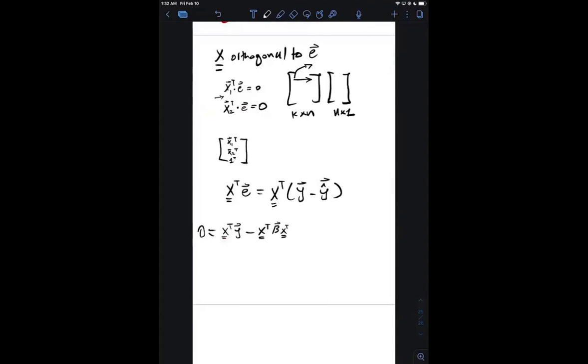Our next step is this, doing a little bit of rearrangement here.